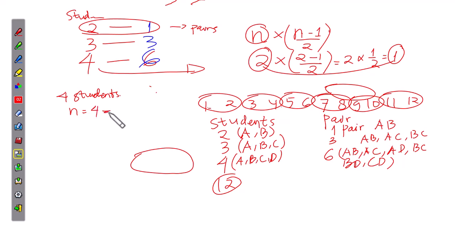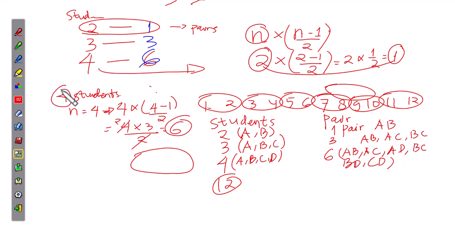So we have 4 times 4 minus 1 divided by 2, which is 4 times 3 divided by 2. You can eliminate this, and it comes to 6 pairs. 4 students, 6 pairs. So what if they have 12 students?